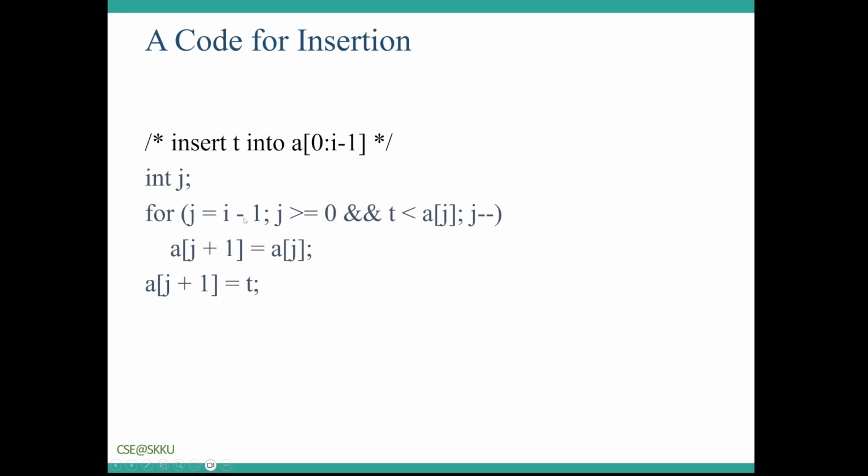While the new element t is smaller than a[j], we shift a[j] one position to the right. We keep doing this until we find an element that is smaller than or equal to t. At that point, we stop the loop and insert t at position j plus 1.